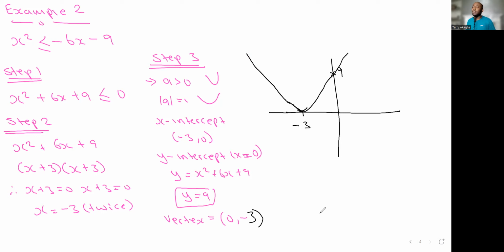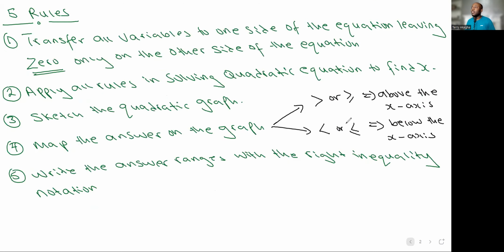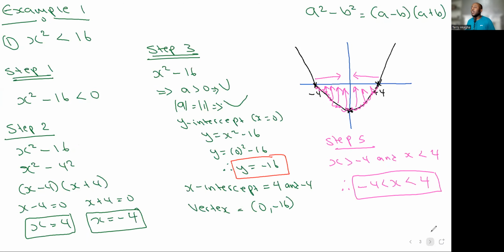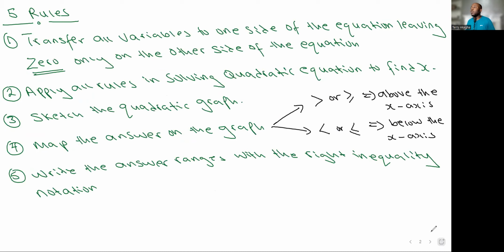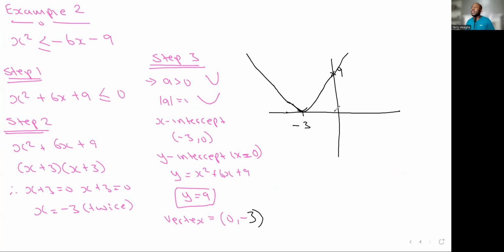Now the next part. If you remember, if it's less than, it is below the x-axis, and if it's greater than, it is above the x-axis. So if you look at this now, there is no part of the curve that is below, and there's nothing you can shade here. Are you seeing it?